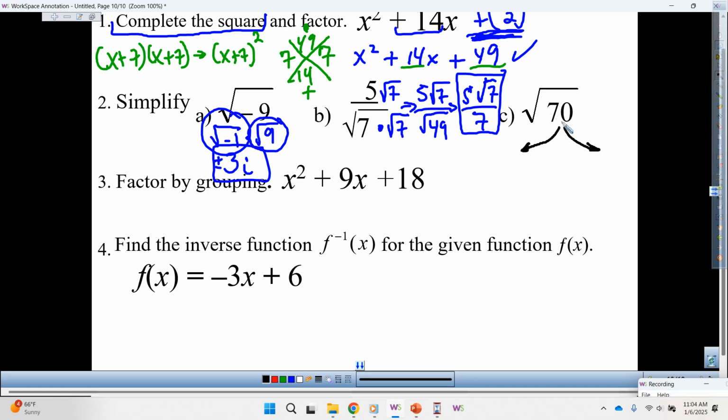Between what two perfect square numbers is 70 found? Very good. Between 64 and what? 81. That is correct. You guys remember that, yeah? So that means this is approximately, what is the smallest one? 64. Square root of 64 is 8 point something.